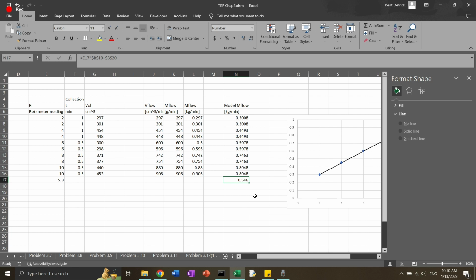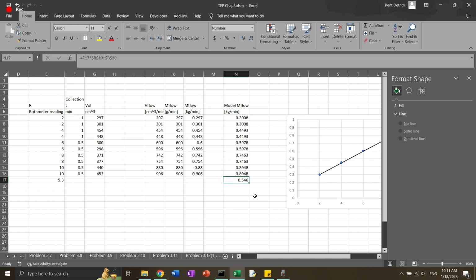Okay, so what they're asking is, given a measured value of 610 grams per minute, we need to put a confidence interval surrounding that measured value to say how confident we are that the true value of Y is within this range.